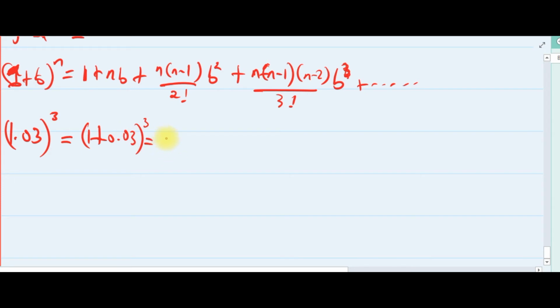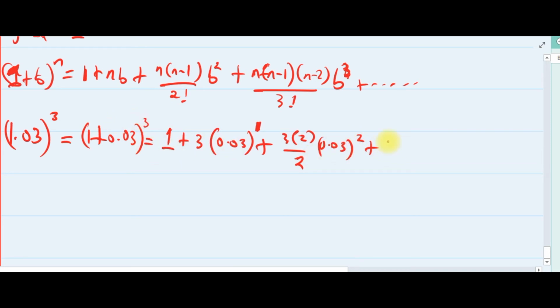So using this, we have 1 plus n, which is 3, times b, 0.03, raised to the power 1, plus 3 times 2 over 2 times 0.03 raised to the power 2, plus, remember this is 3, so you must have 4 terms.